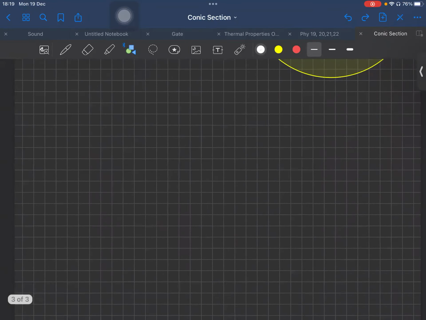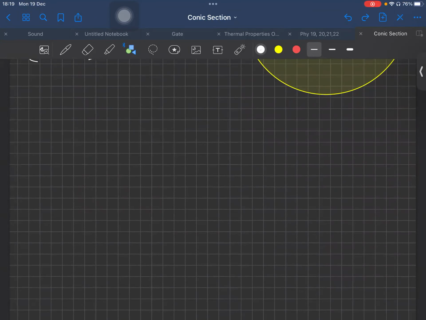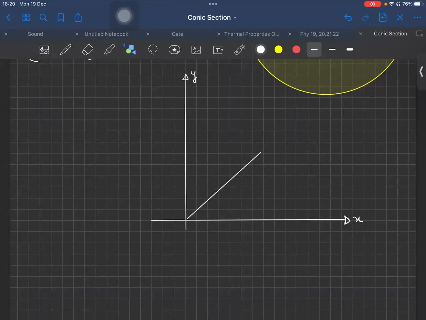Now, since it is in the XY plane, let me draw the XY plane again. So circle can be anywhere on this plane. This is Y, this is X. Now, if we draw a circle, let's say there is a line, and this line has some length.